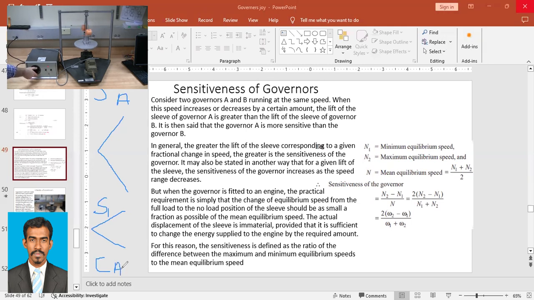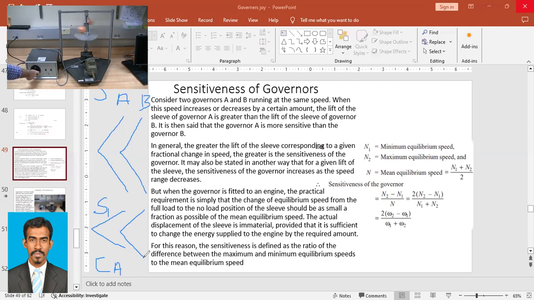Similarly for governor B, at the same speed and at the initial position, consider it as the same height of the sleeve. But for the speed S1, for B the sleeve lift is something like this.